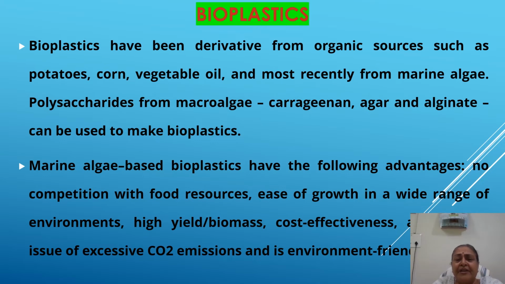Having various derivatives from organic sources, such as we know it has been produced from potato, corn, vegetable oils, etc. But nowadays we are not losing these valuable life sources, but we are using marine algae as a source of polysaccharides from this macroalgae, and we are using it for bioplastic production. And the polysaccharides are carrageenan, agar, alginate, and that can be explored for making bioplastic from this marine group.